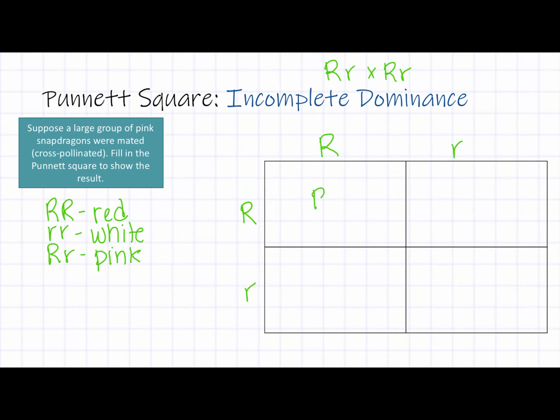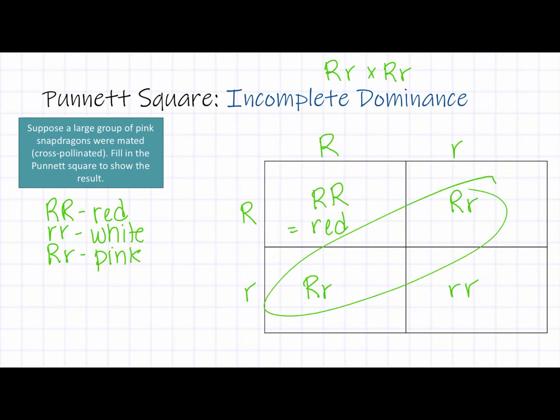So, let's find out what we get. Okay, so we have a 25% chance of getting red, homozygous dominant, 50% chance of pink, heterozygous, and a 25% chance of white, homozygous recessive.